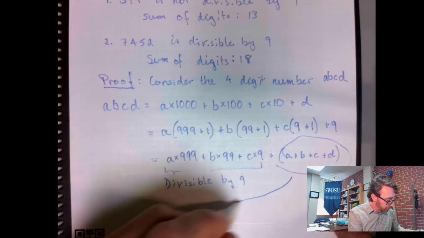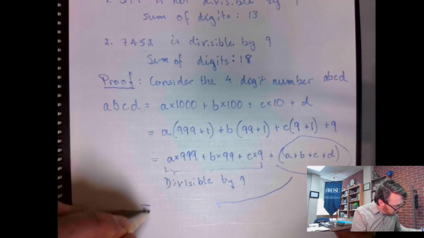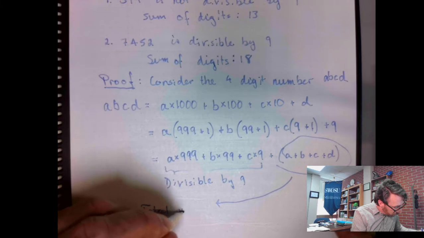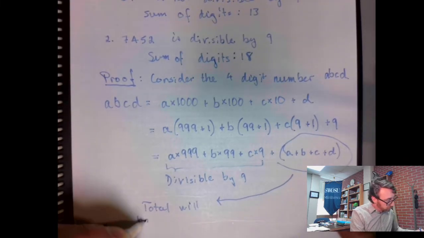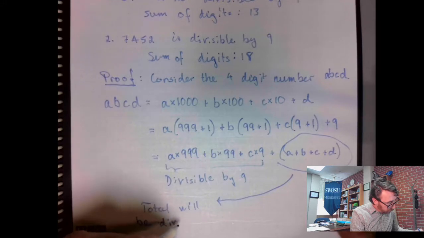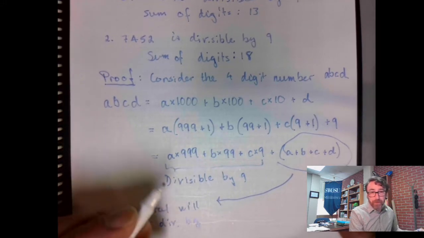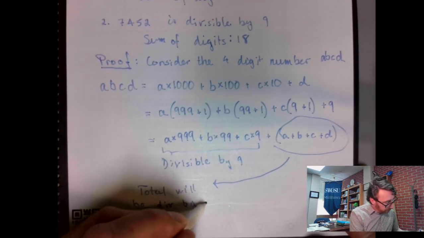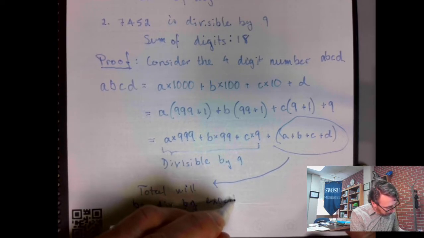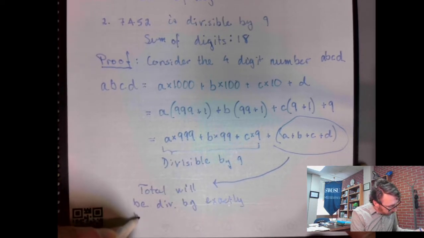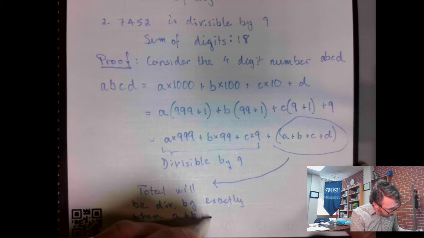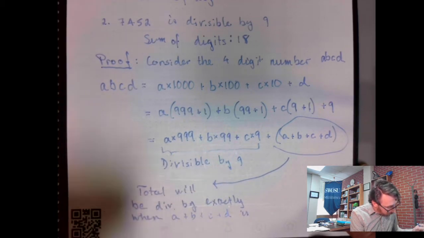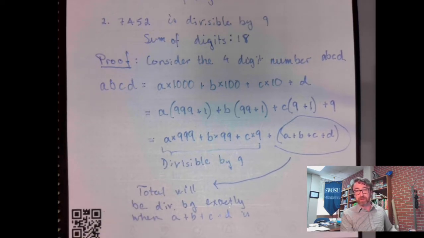So, my total will be divisible by 9 exactly when A plus B plus C plus D is divisible by 9.